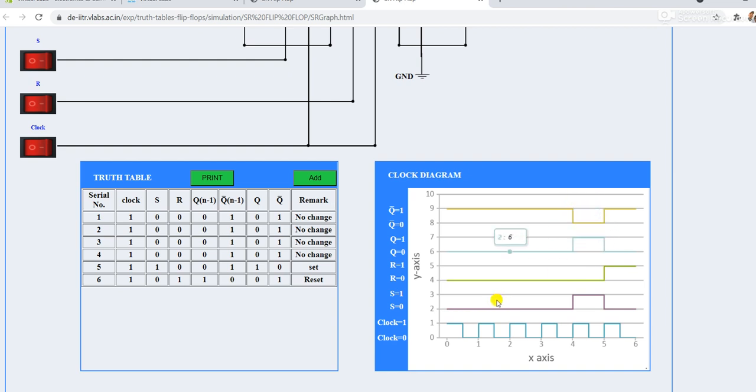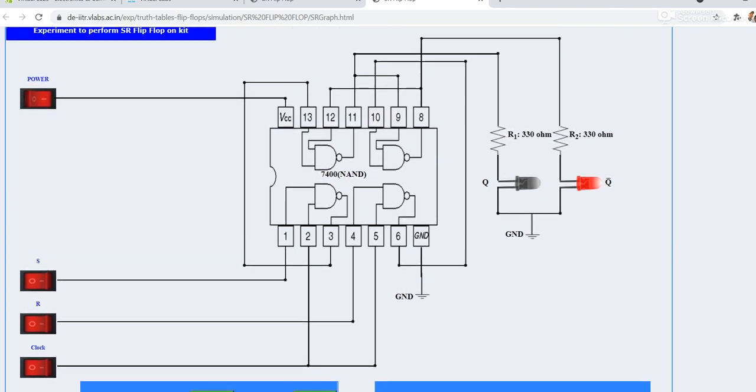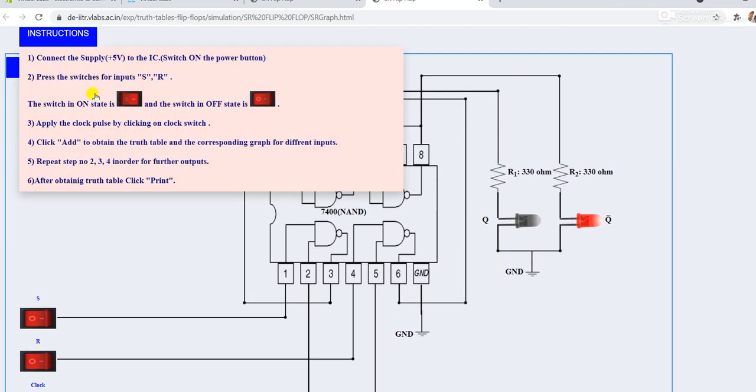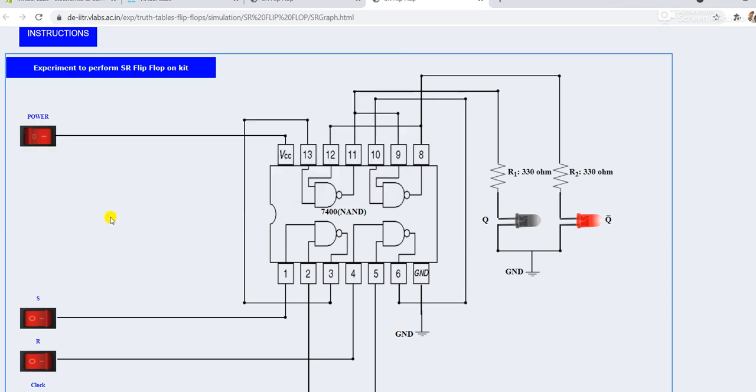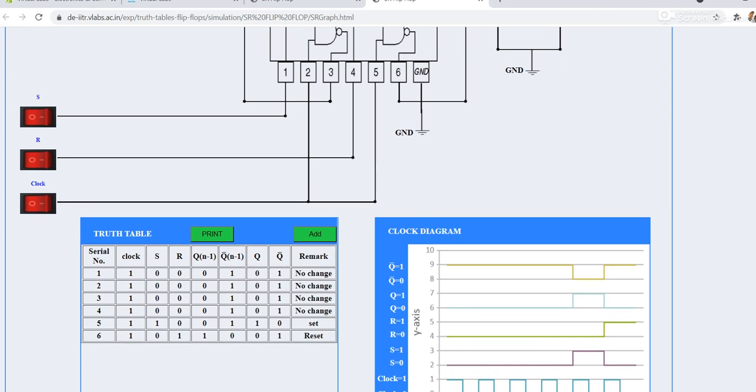Now the next combination is... if you have any confusion, please follow the instructions about what the states of our switches are. Please concentrate on the switch conditions, then only you can apply the values of S and R, and you can check these values with the help of this truth table.